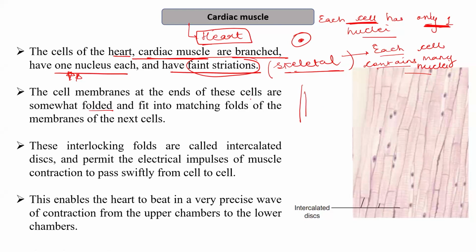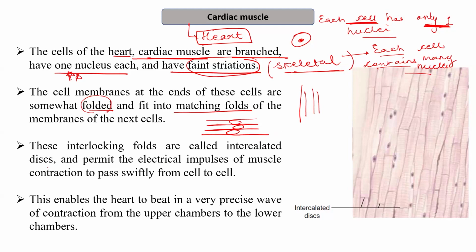The cell membranes at the end of these cells are somewhat folded and fit into the matching fold. So these cell membranes are interconnected and fit properly into the fold of the next membrane. So they are interconnected or interdigitated.